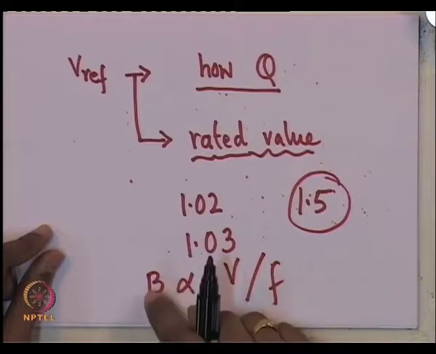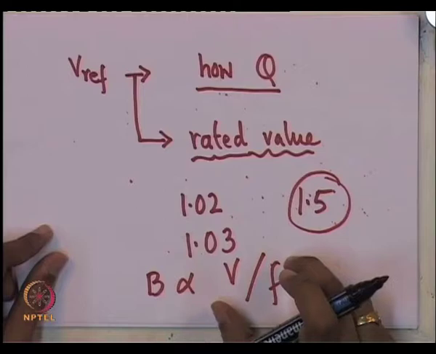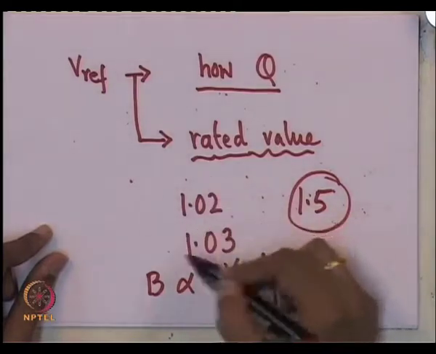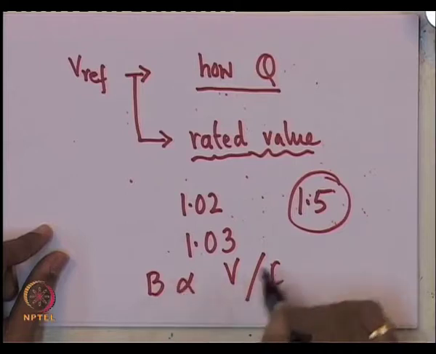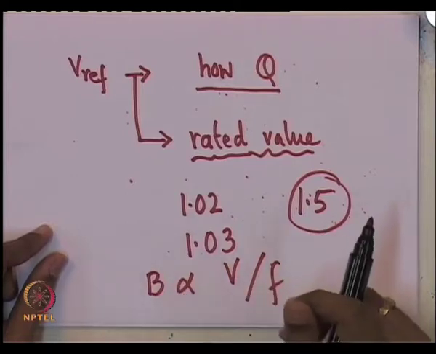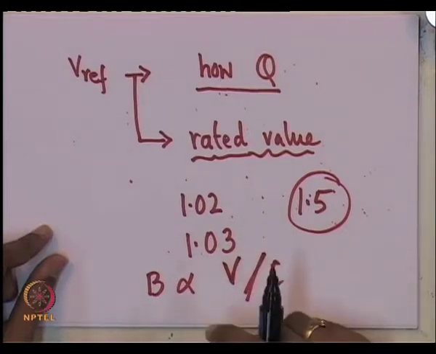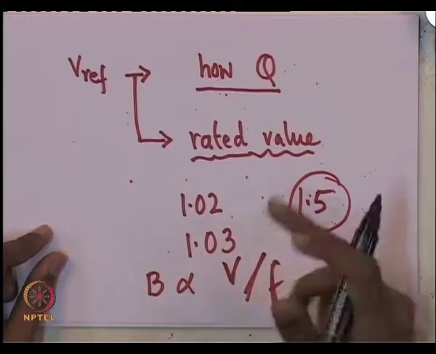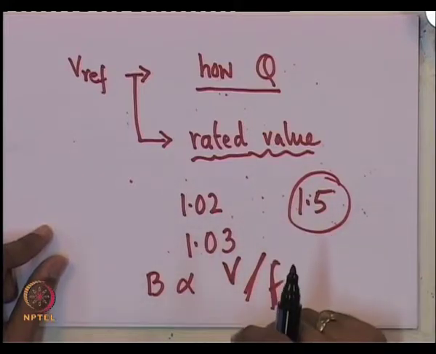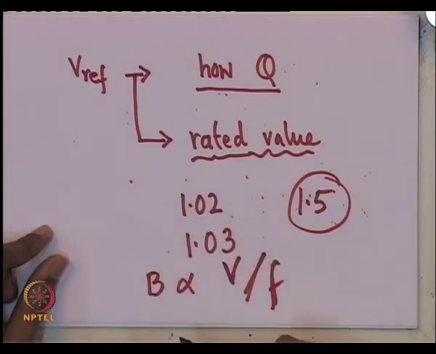So, in steady state B will be proportional to V by F. One of the reasons you cannot make Vref too large is that you will go into saturation. If you go into saturation, the machine becomes non-linear, and if the flux levels increase, it will increase the heating in the machine as well. So, that is one of the major points to remember when setting Vref.